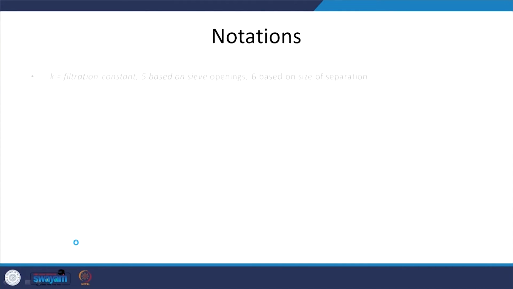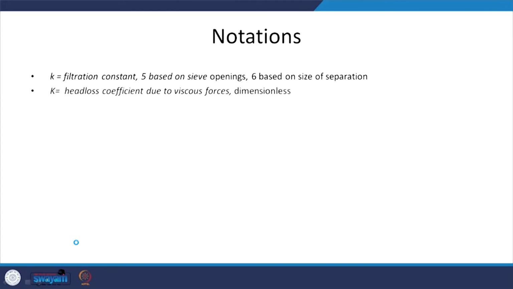Okay. So, what else do we have? K is the filtration constant, capital K is the head loss coefficient due to viscous forces, and there is a head loss coefficient due to inertial forces. This is something to keep in mind. One is predominant during laminar flow, and one is predominant during Forchheimer flow, when the Reynolds number is between 1 and 100.